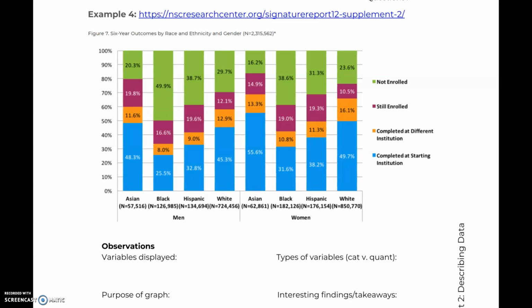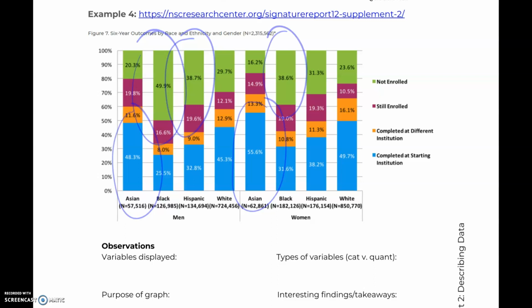Here the Asian women had the highest success rate, followed by the Asian men, and so on. You can also look at who had the worst success rate, and here we can see that the Black men had the worst success rate, followed by actually the Hispanic men and the Black women.